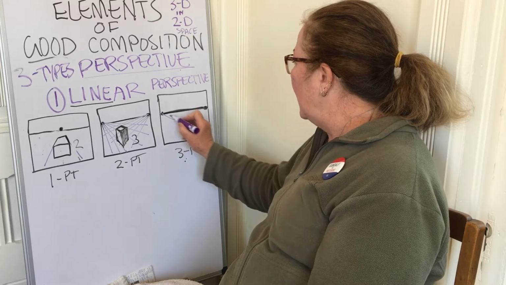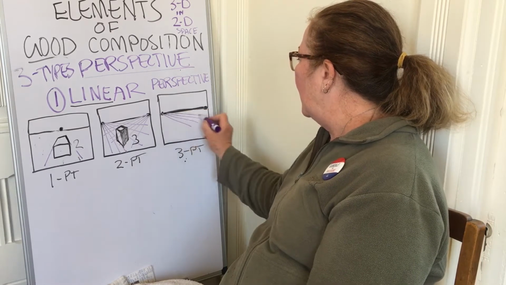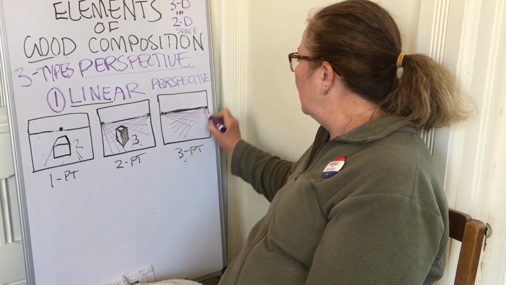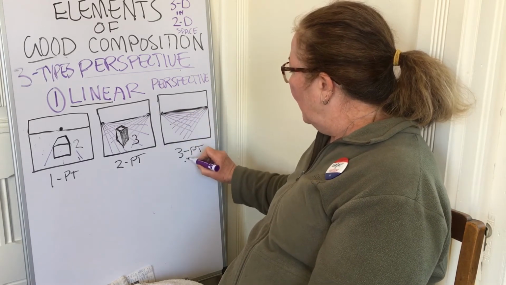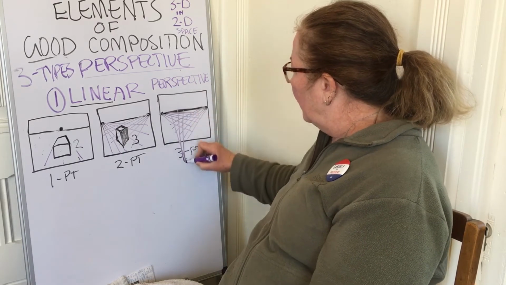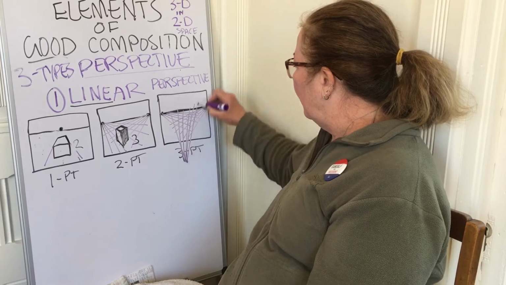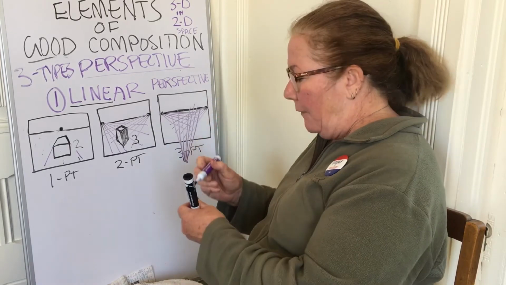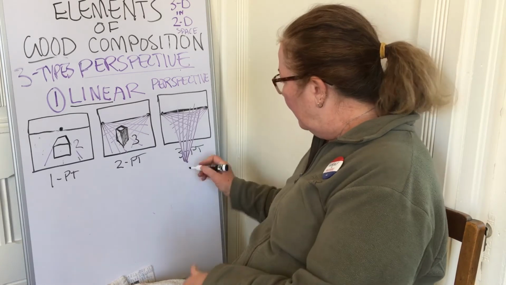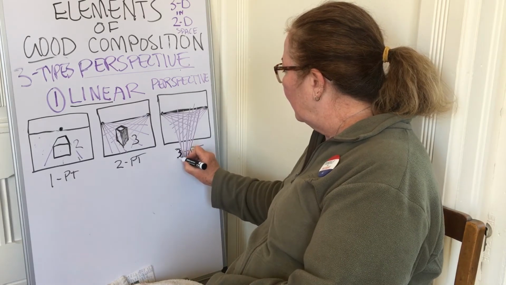So here you might have these radiating lines coming out from the 2-point perspective. But then you might also have radiating lines from the 3rd point down here, or from the 3rd point up above, if you're doing it from up above. That's our 3-point.